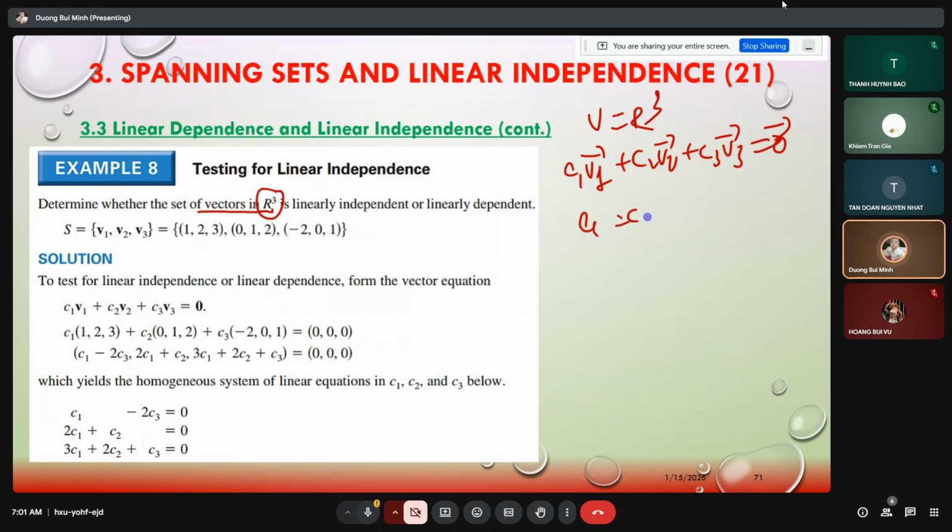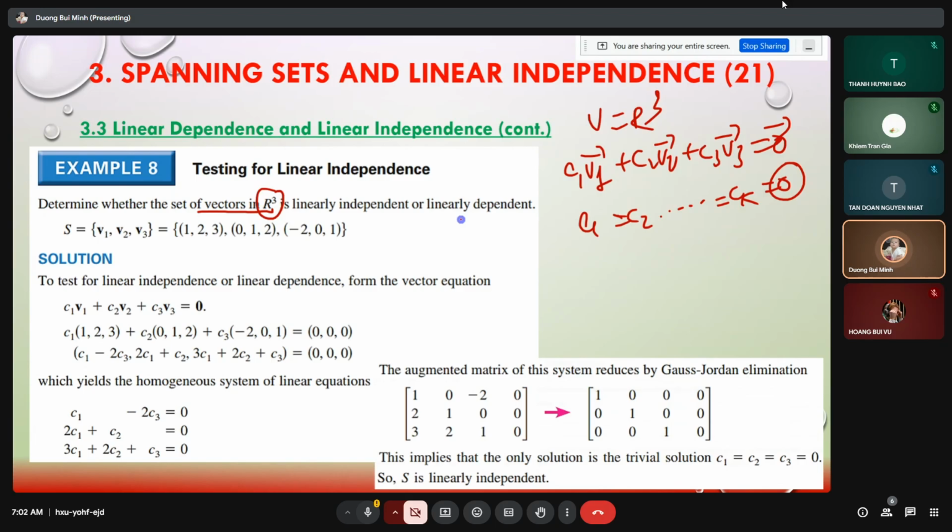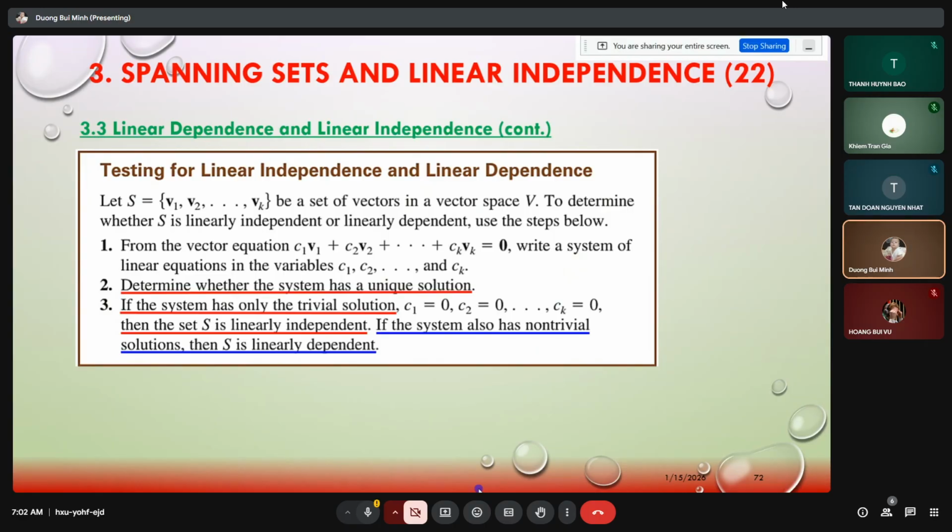If c1 equal to c2 equal to ... equal to ck are zeros, we say we have linear independence. Finally you can see c1, c2, and c3 are all zeros, so we say the subset S is linearly independent.